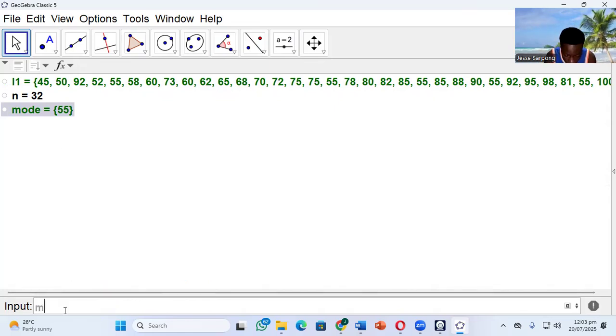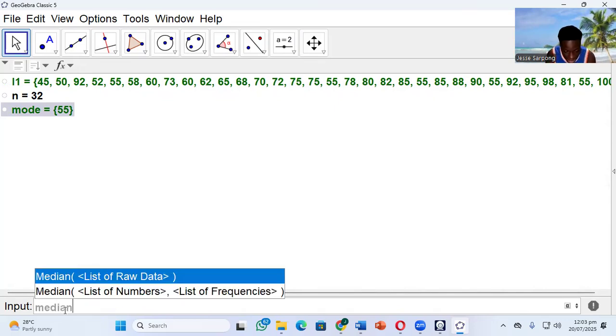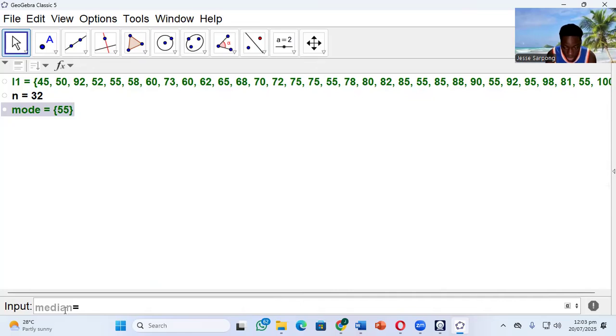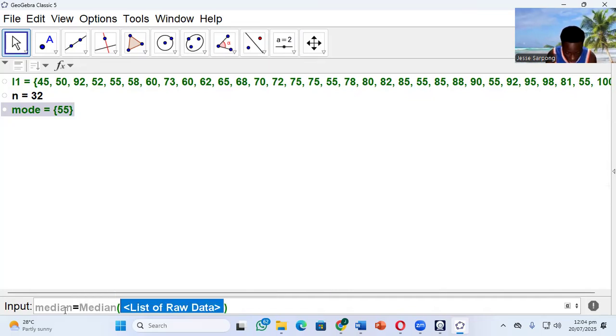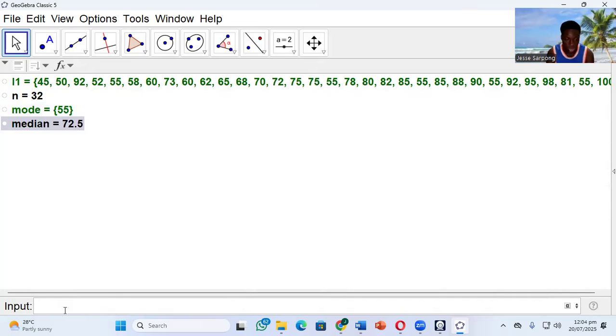You can also look at the median. So the median here is the middle number. When you arrange it in ascending or descending order, the number that appears in the middle is the median. So here, median of the list of numbers, L1. The median is 72.5.